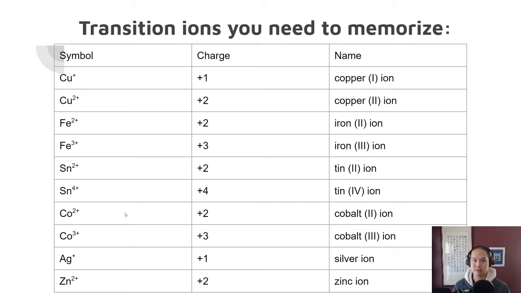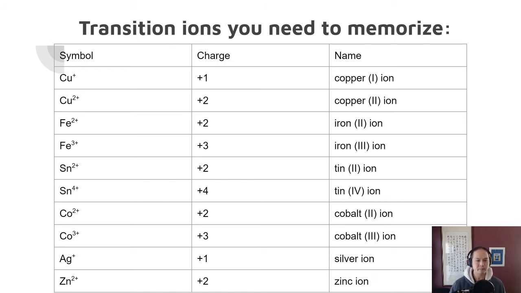You just have to memorize these. It actually gets easier than you think, because when you start doing compounds, you can figure out what the charge is. But barring that, you still need to memorize these 10 ions.